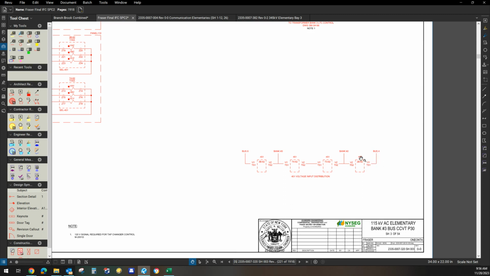And bus 4 comes into this relay, VY, and then VZ from this relay and VZ from this relay is coming off a bank 2 transformer. So it just gives you a high-level view of how the voltage is fed into these devices. You can also see this in the Power 1 line.